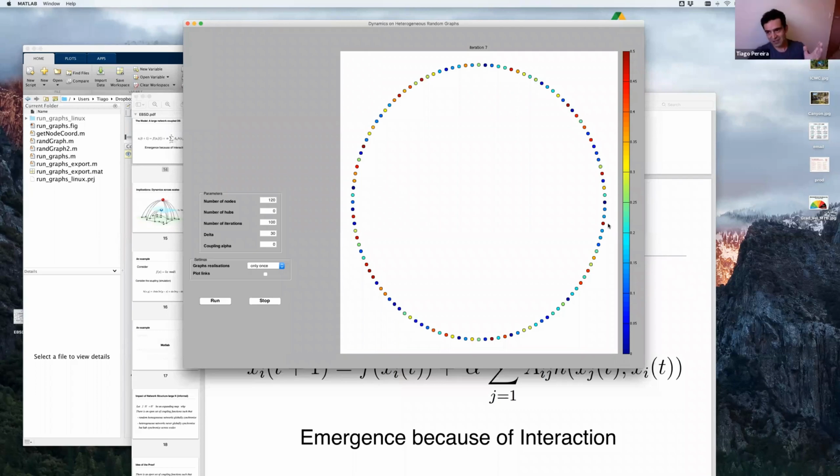If it's blue, then you're in the same state as the reference node. If it's red, you're antipodal to the reference node. Because things here are super chaotic, you should see them swapping colors all around. Here, for example, they're changing colors in a very random way.